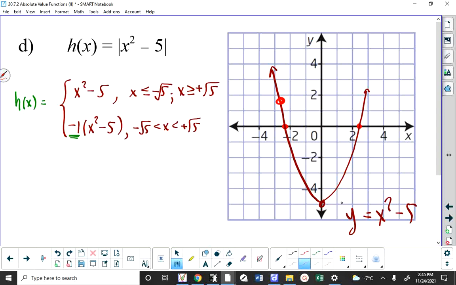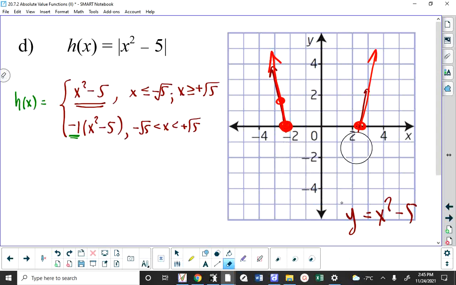Is the absolute value needed here? No. What this means is any place the absolute value is not needed will be this point and above. So that red thing that I just drew, that's the first piece of the function. When x is negative root 5 or to the left, when x is positive root 5 or to the right.